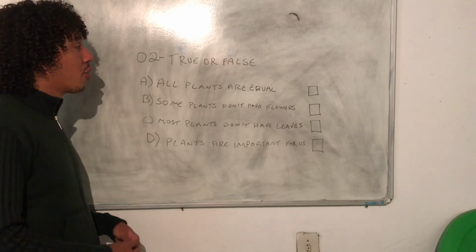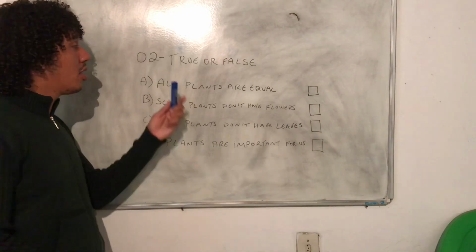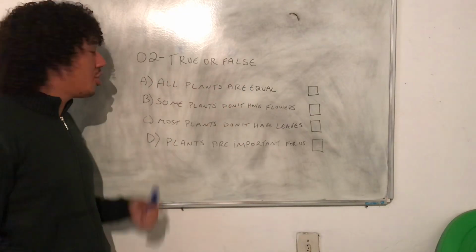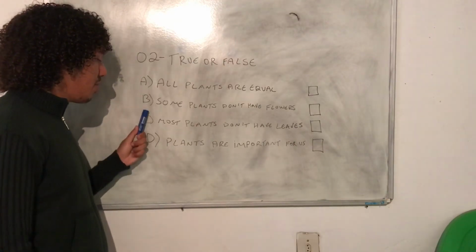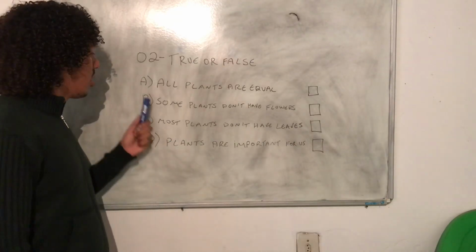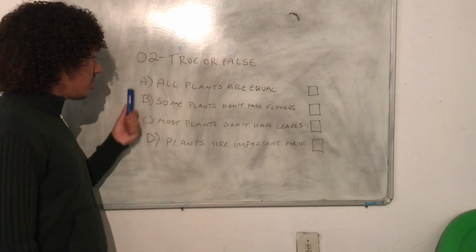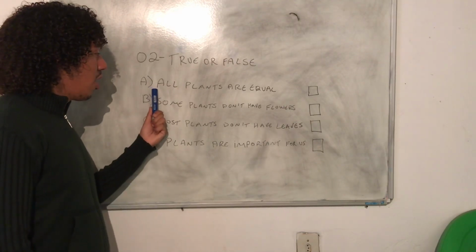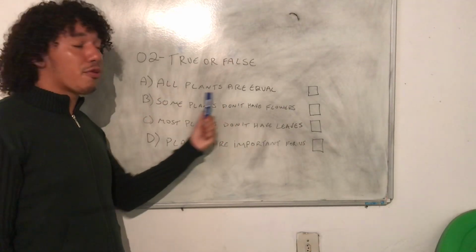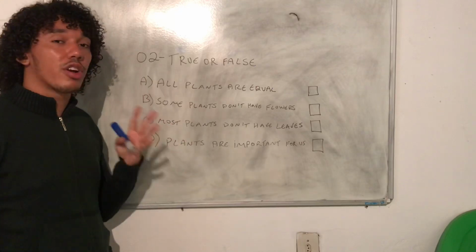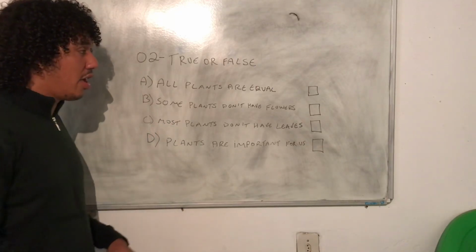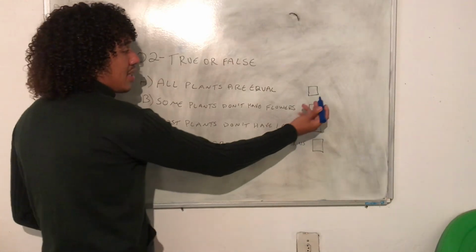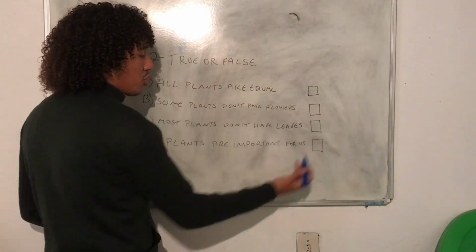In page 24 we have, in the second question, the true or false. Here we have 4 pieces of information, letter A, letter B, letter C, letter D. Beside the information, we have 4 squares.